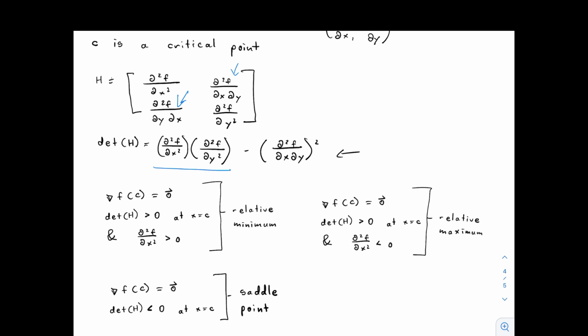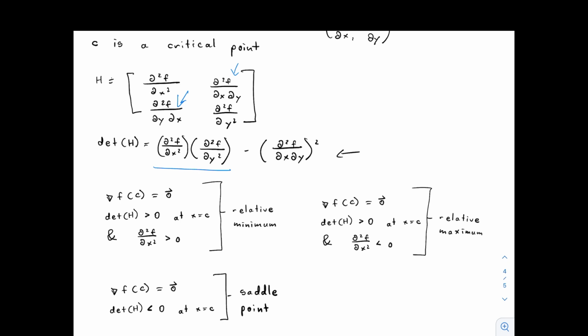D squared f dx squared has the same sign as d squared f dy squared. And then from there, if either of those is positive, then that's a relative minimum, for reasoning pretty much identical to the single variable case.